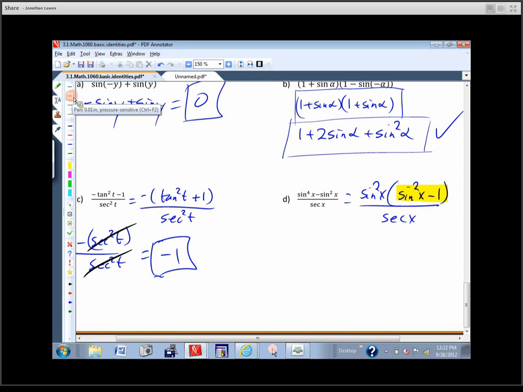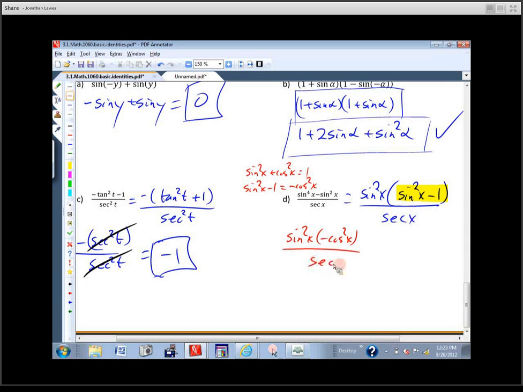It's close to cosine. So if I were to do this, remember we start with this. I need a minus 1, so let's switch places with the two of these. And what that would do is, we'd have a minus 1 on this side, I'd have a minus cosine squared on this side. So this is sine squared x. This is a negative cosine squared of x over secant. Thanks to Caitlin, I put that in parentheses.